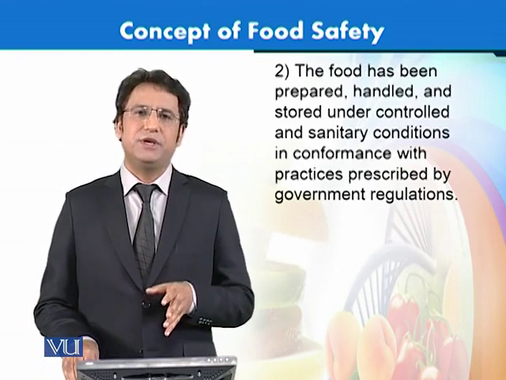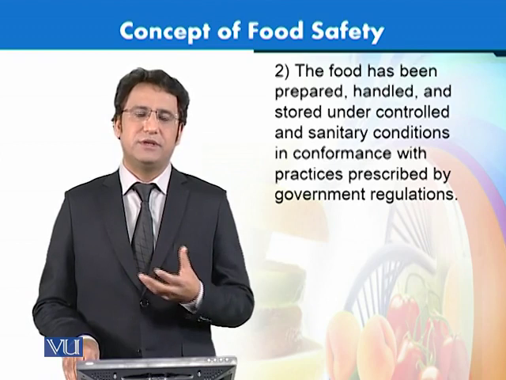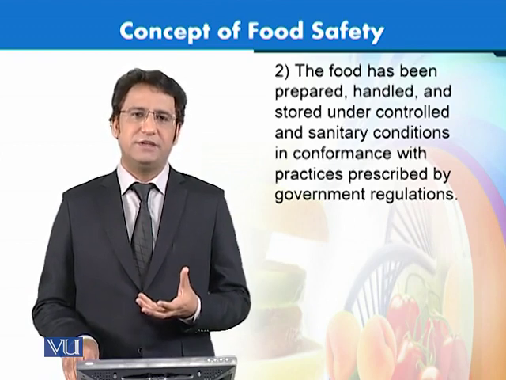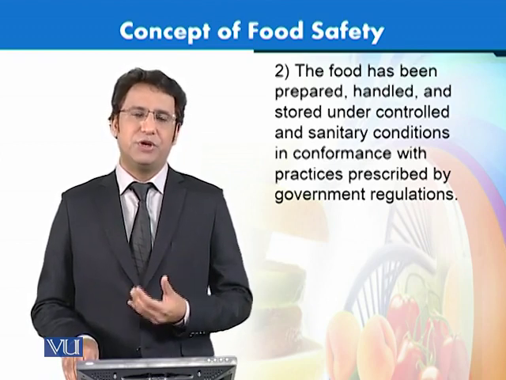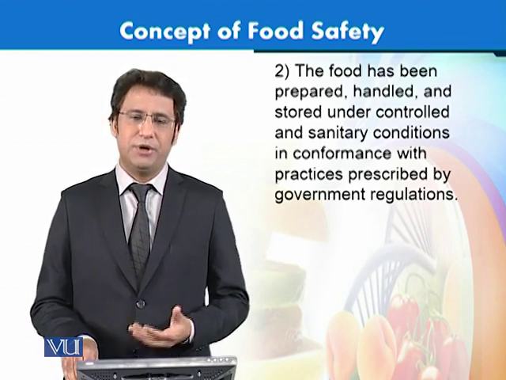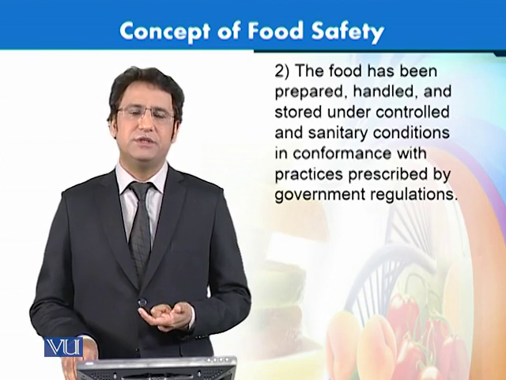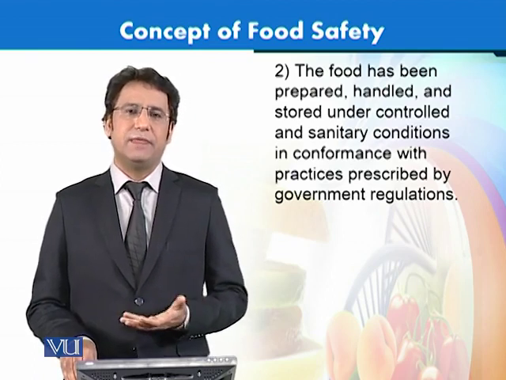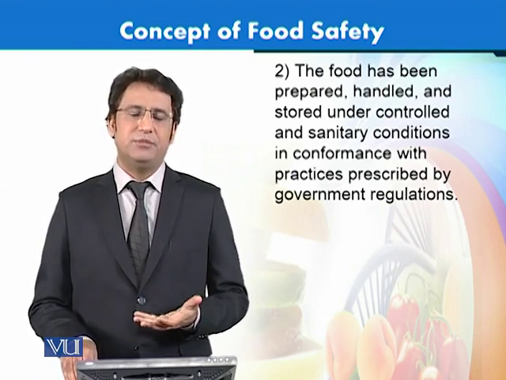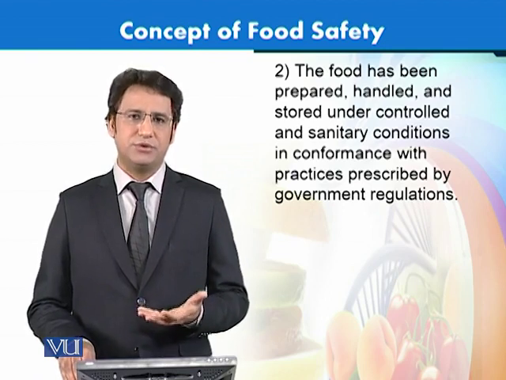And there has to be complete control on all the activities that are undertaken on the food before it is consumed. For example, it has to be prepared, handled, stored, and distributed in sanitary conditions, in conformance with the standards that have been set by the government agencies or by the producer themselves.